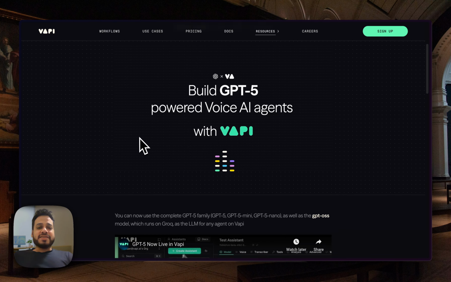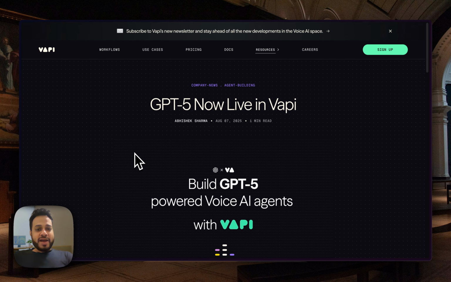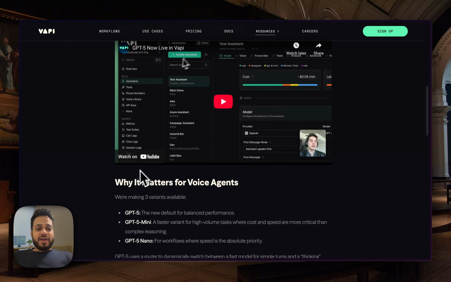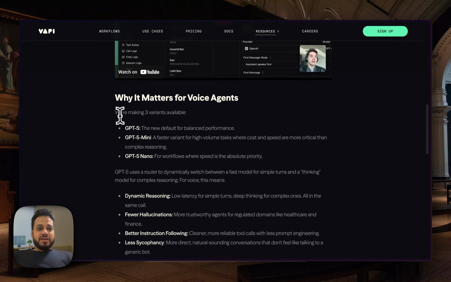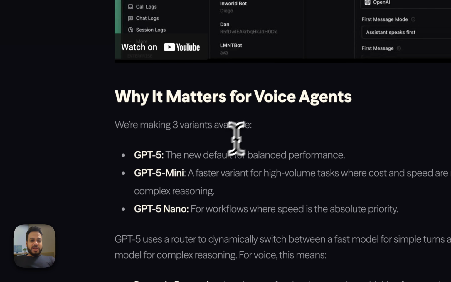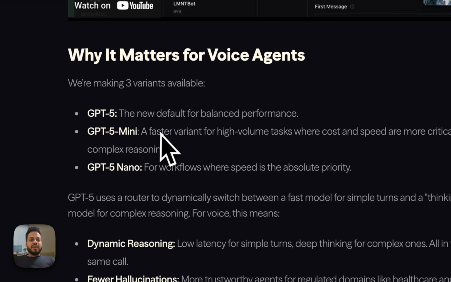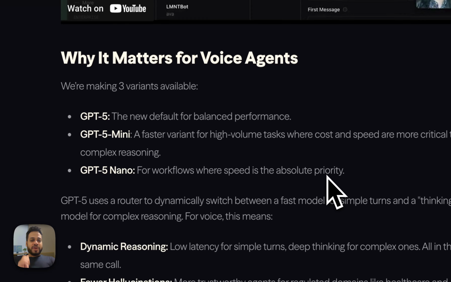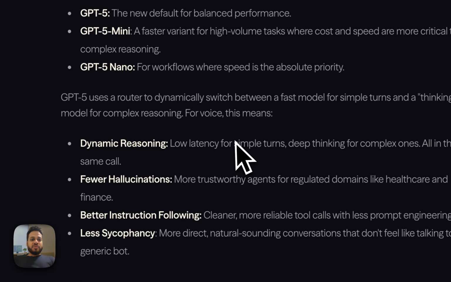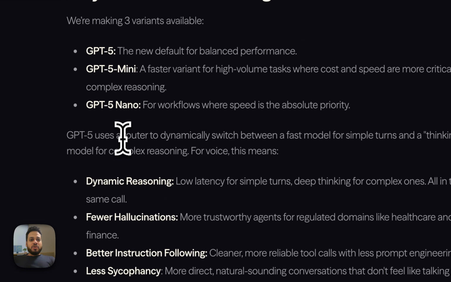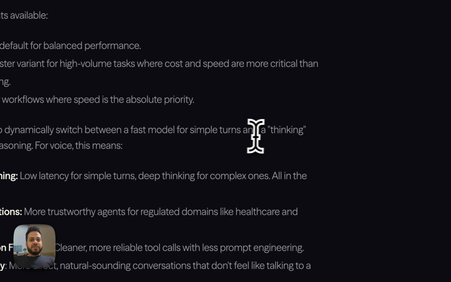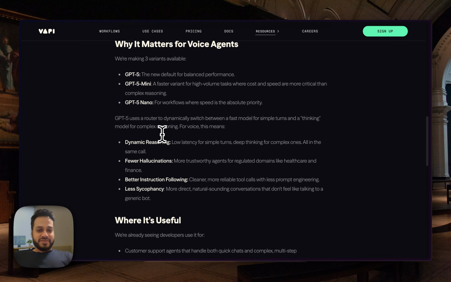So first of all, let's see what VAPI has. VAPI already has announced that GPT-5 is now live in VAPI, and it says that they are making 3 variants available: GPT-5, the new default for balanced performance, Mini, a faster variant, and Nano, workflows where speed is the absolute priority, right? Now GPT-5 uses a router to dynamically switch between fast model for simple turns and a thinking model for complex reasonings.